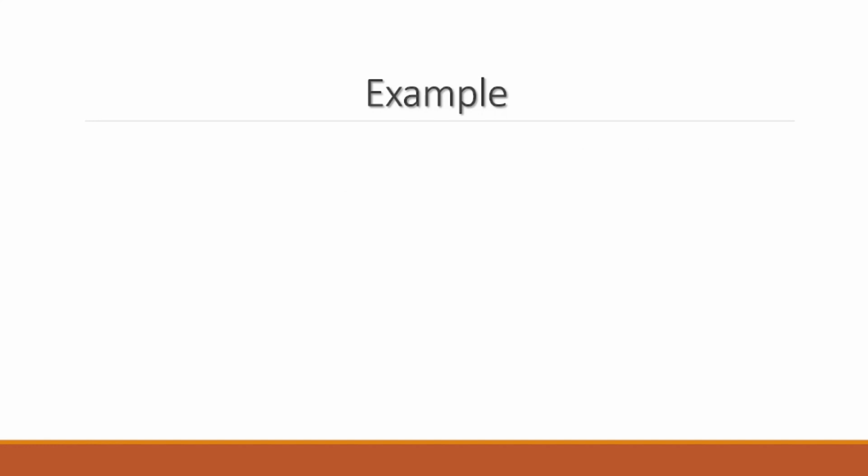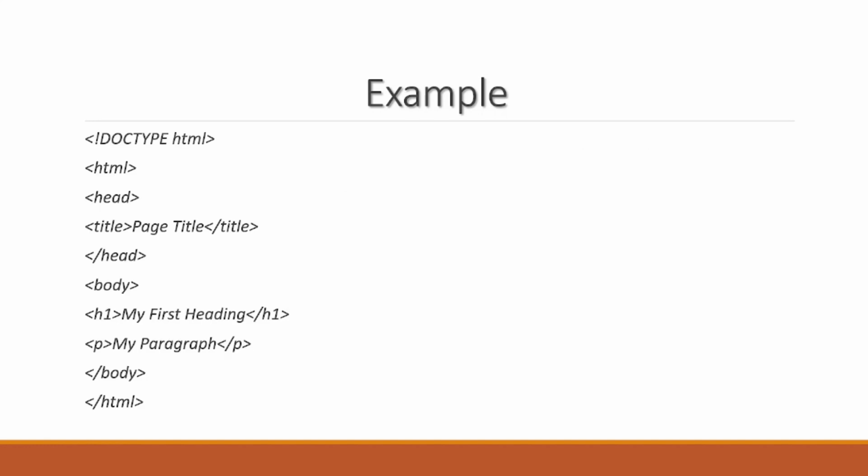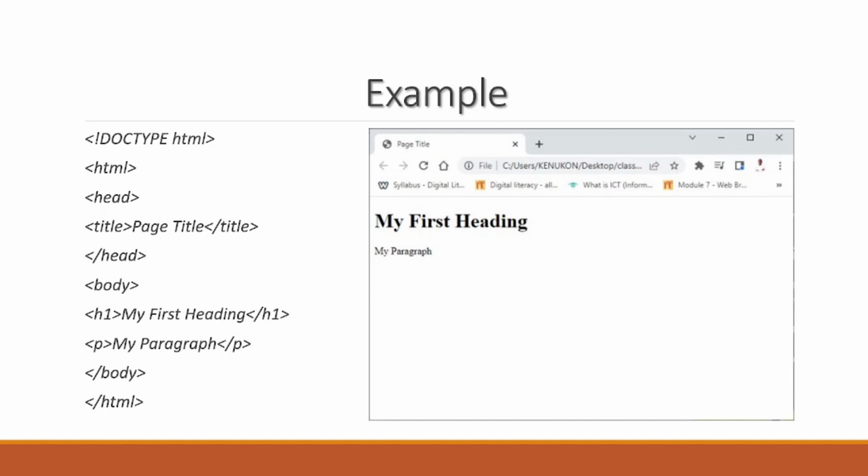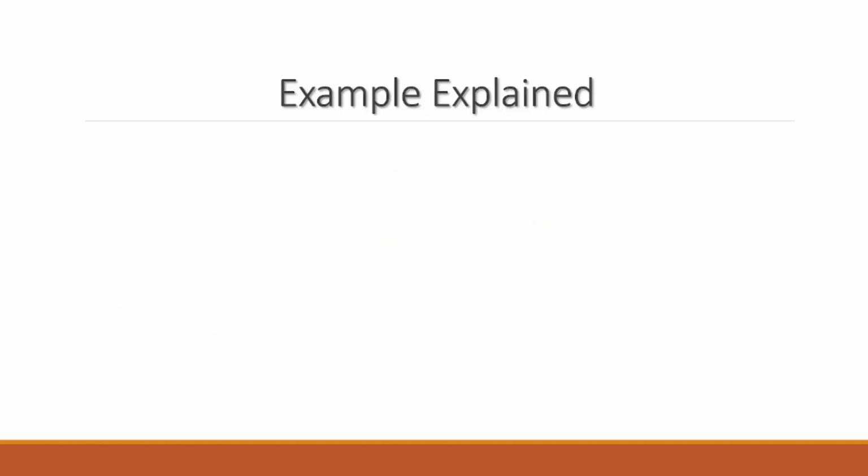Now let's take an example. What you are seeing on this side is an example of an HTML document. And if you run this kind of code, this is the result you get. This is how it will appear. Now let me explain.